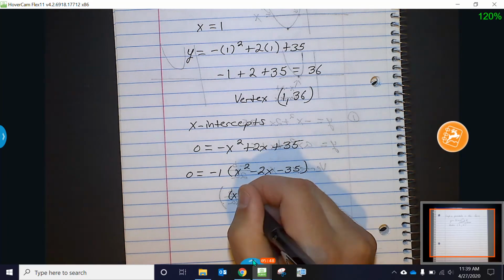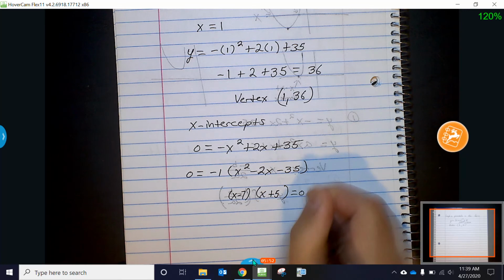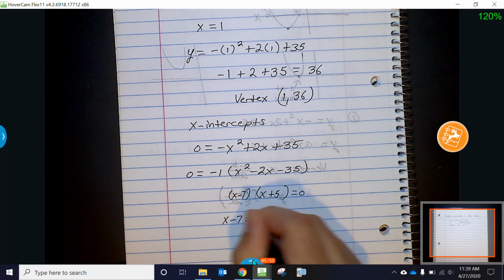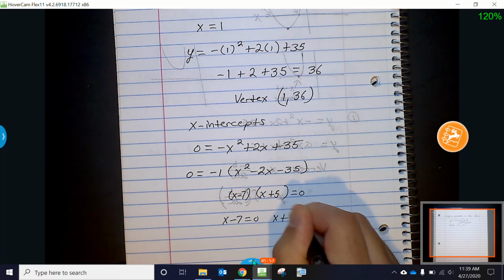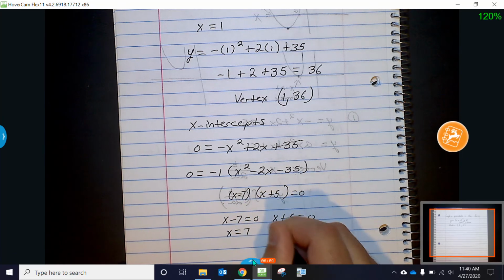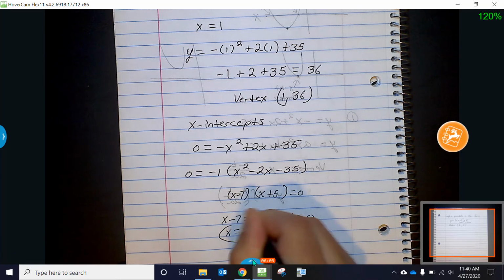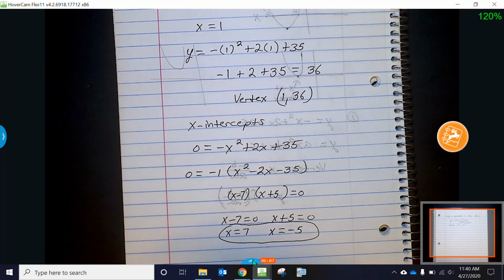So we get a -7 and a +5. Set both of those equal to 0 and solve. So x equals 7, x equals -5. So those are the two x-intercepts.